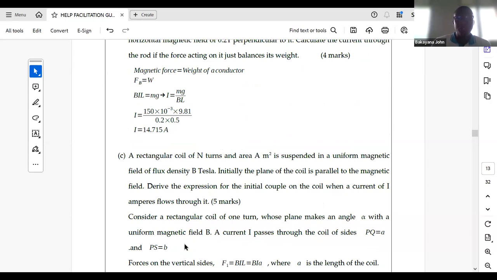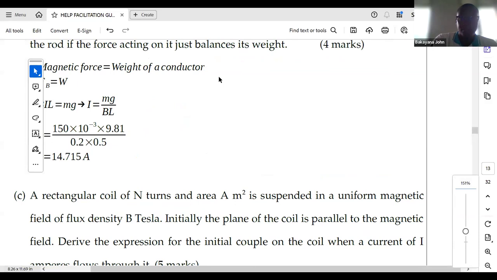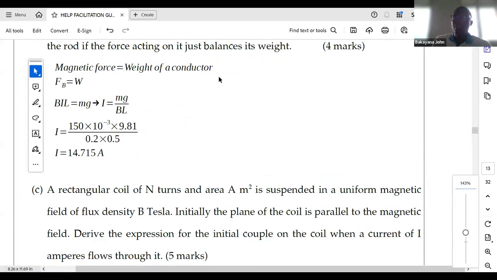Okay, then another question is about deriving the torque exerted on a rectangular coil carrying current. Is someone having a question?